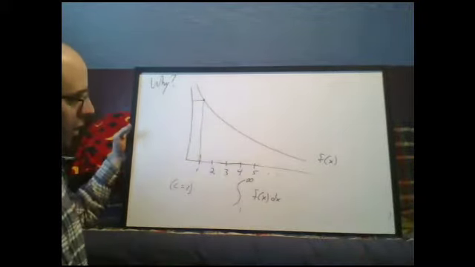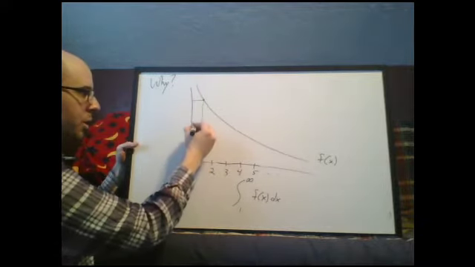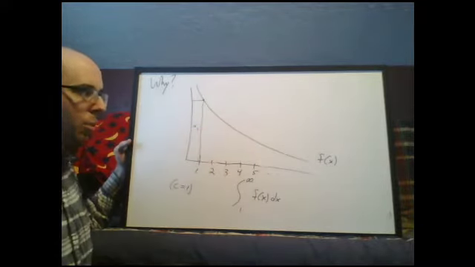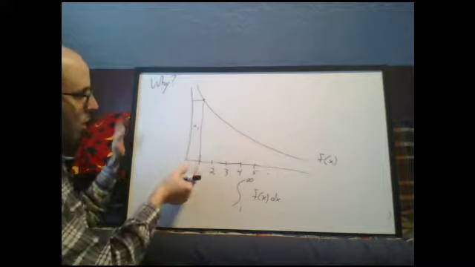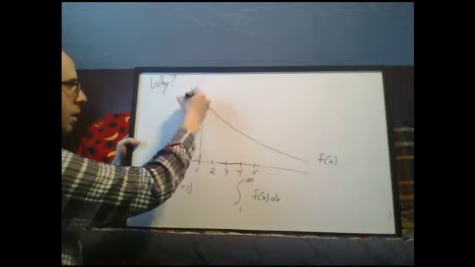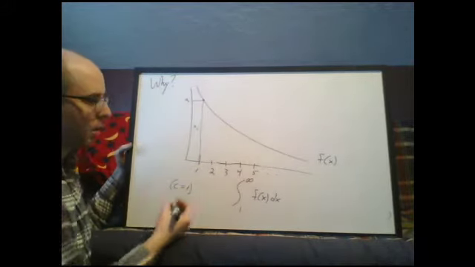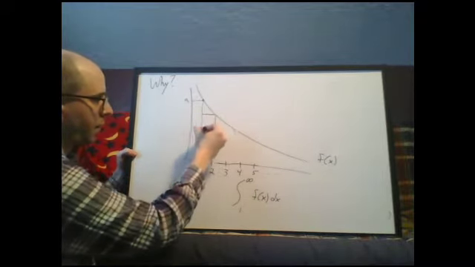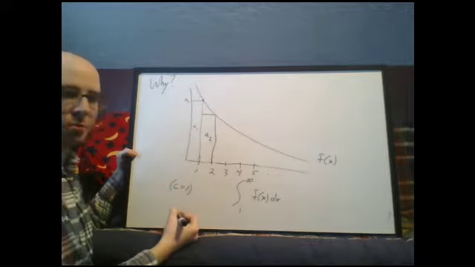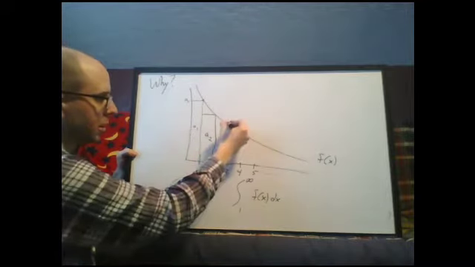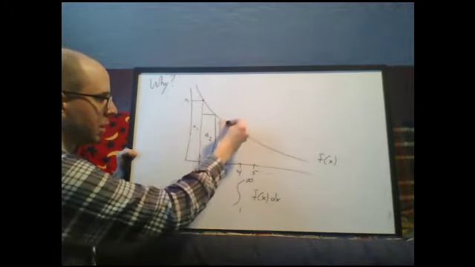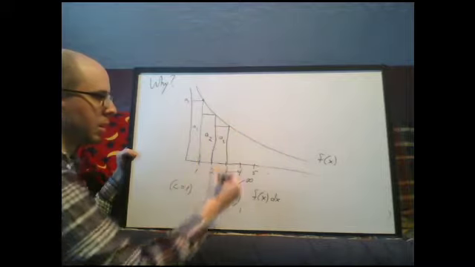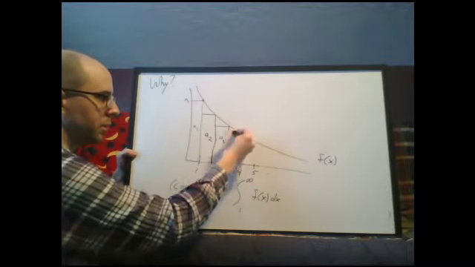So if I draw it like that, this rectangle here would have area A1. Because its width is 1, its height is A1. And I do the same thing for A2. I have a rectangle with area A2. A3, A4, and so on.